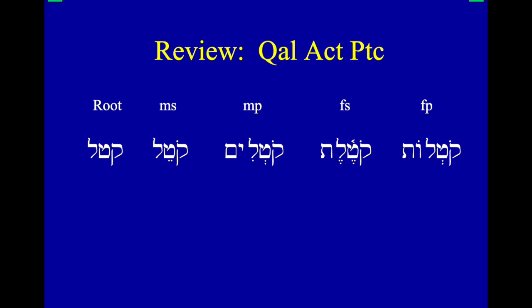That's a distinctive form. You can hang your hat on that. If you know you're looking at a verb, having a holem over your first radical or a holem vav right after it, you're looking at a Qal active participle. So kotel, kotelim, kotelet, kotelot. Remember, we have our noun endings that are added to it.